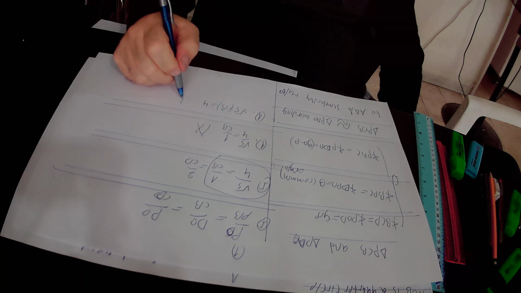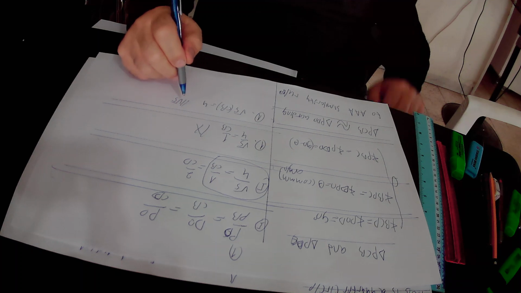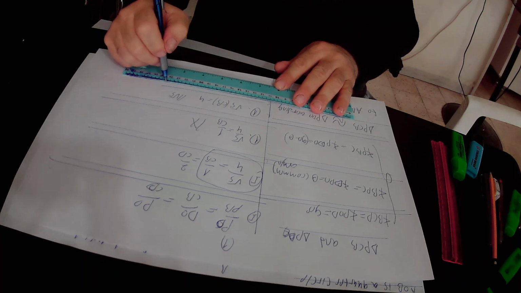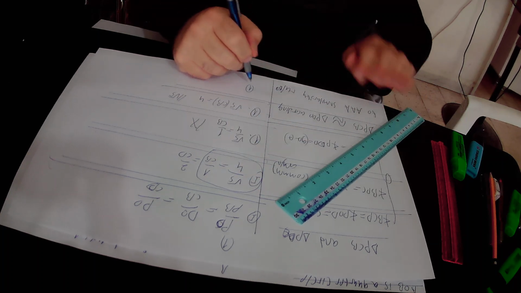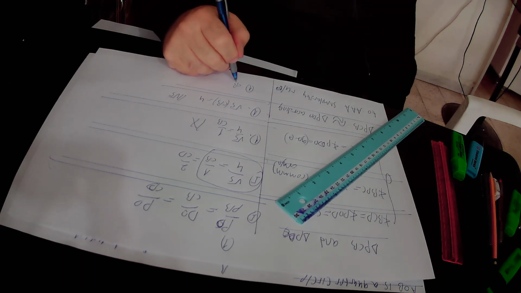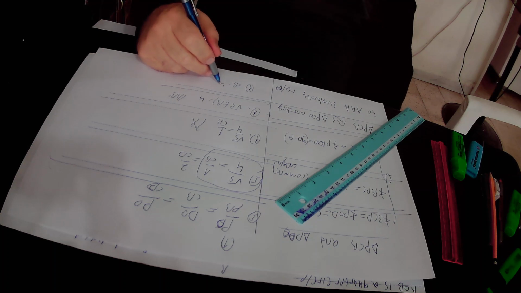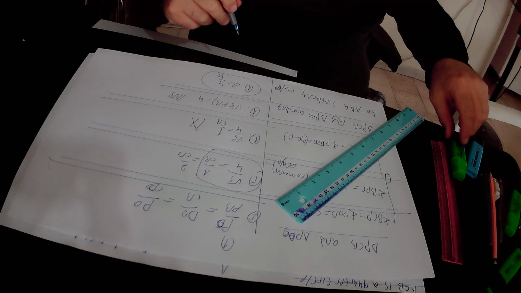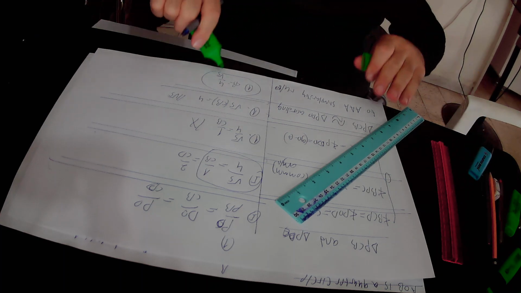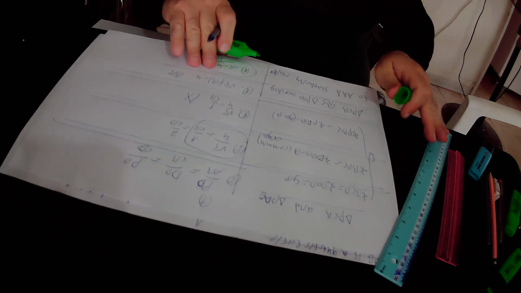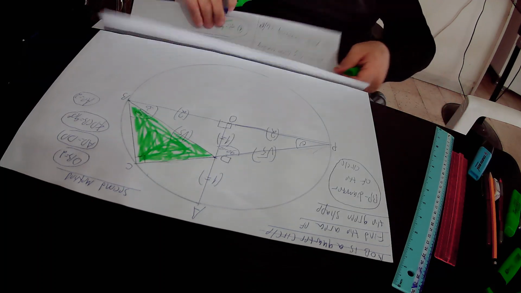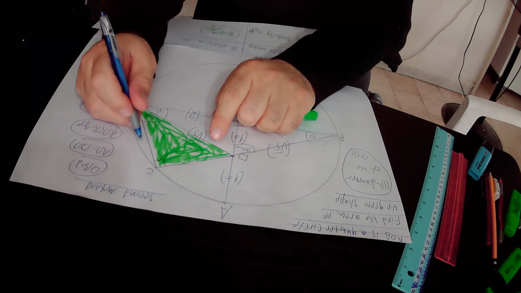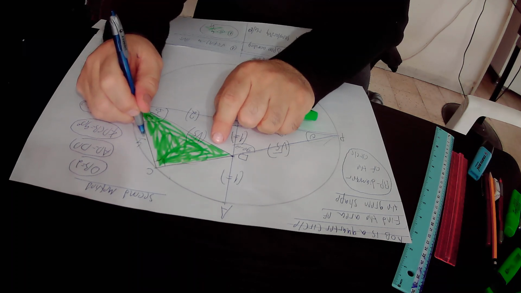Here we divide by square root of 5, and finally we get that the missing side CB is equal to 4 over square root of 5 units in its length.